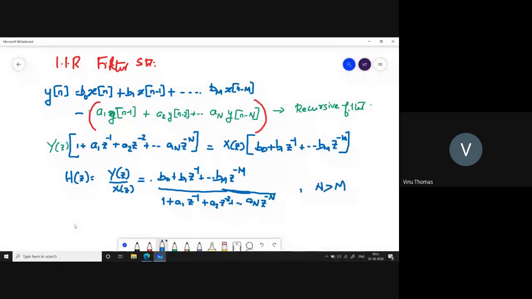So we will just write H of z is equal to Y of z by X of z, which is given by this equation.